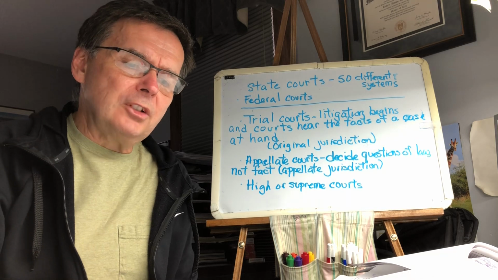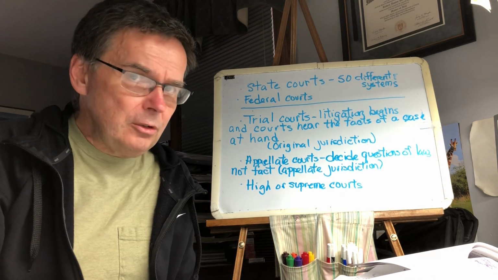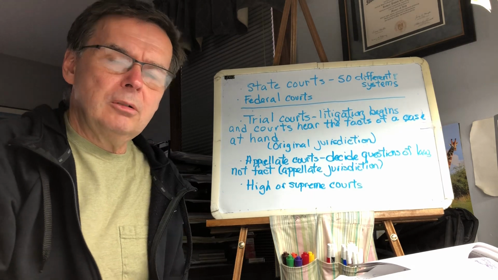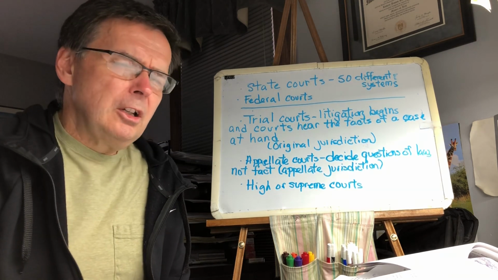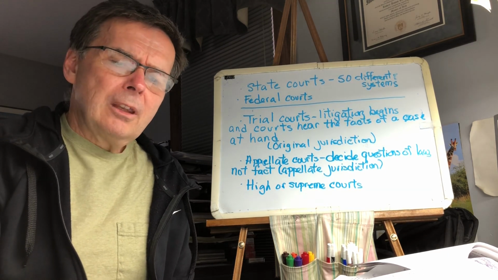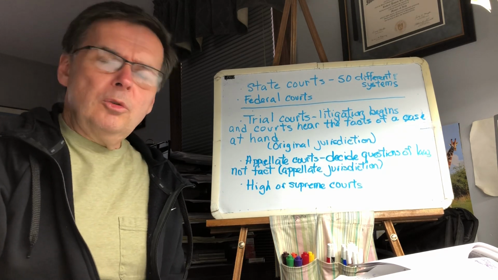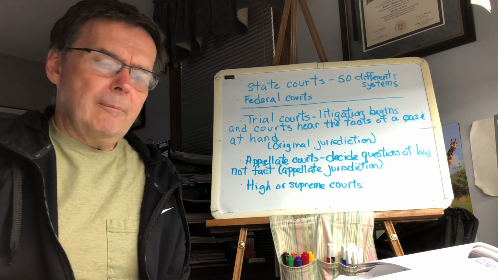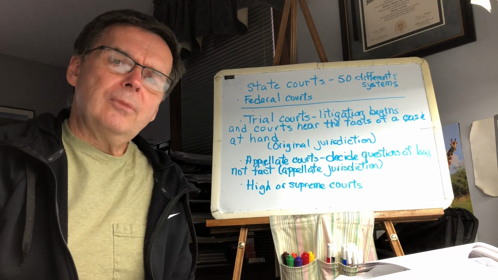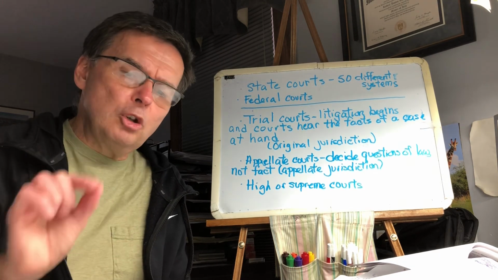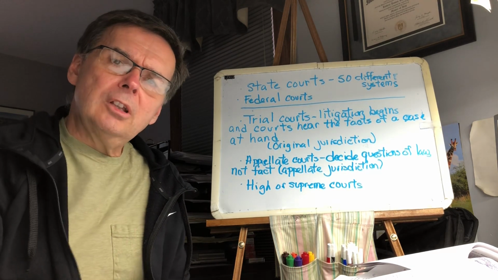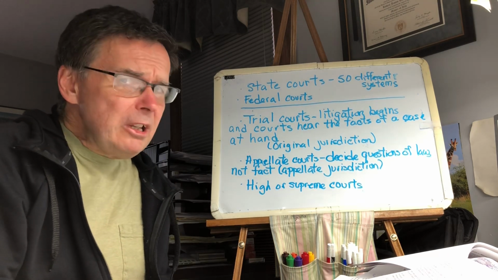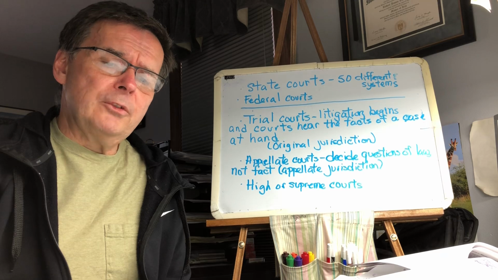And there are two basic types of jurisdiction: original jurisdiction and appellate jurisdiction. Original and appellate, right? We've been touching on that early on. So original jurisdiction, again, is a court's authority to hear disputes and determine the facts of a case. Appellate jurisdiction is the power to review or revise a lower court's decision. The U.S. Supreme Court has both types of jurisdiction.